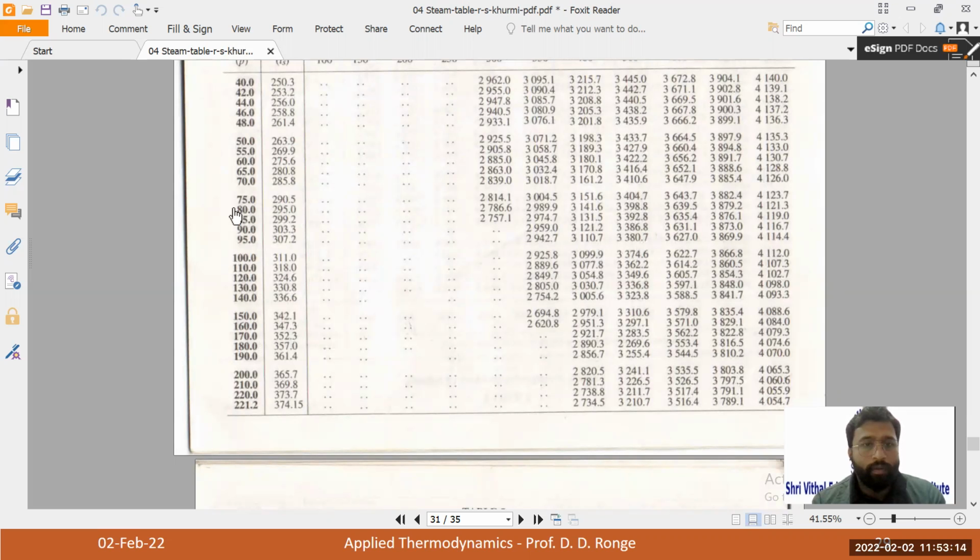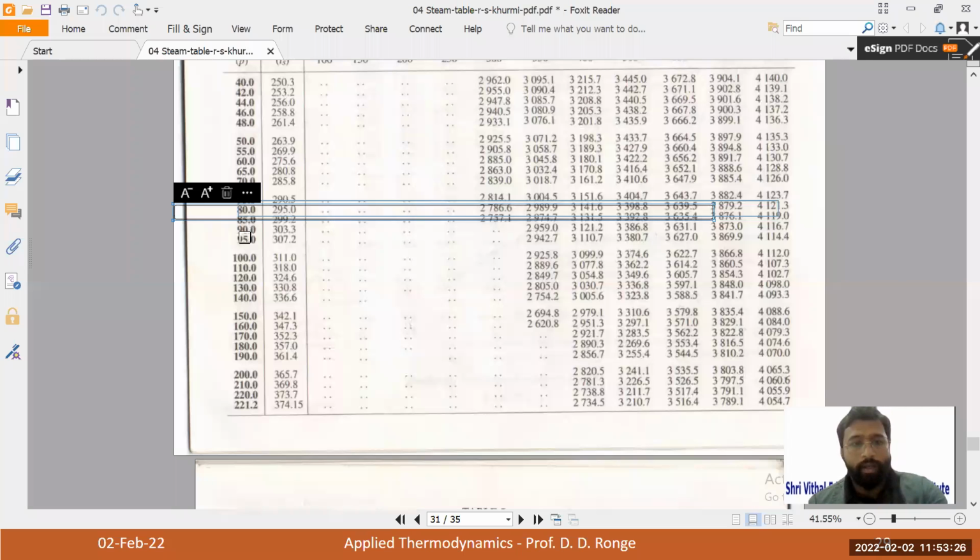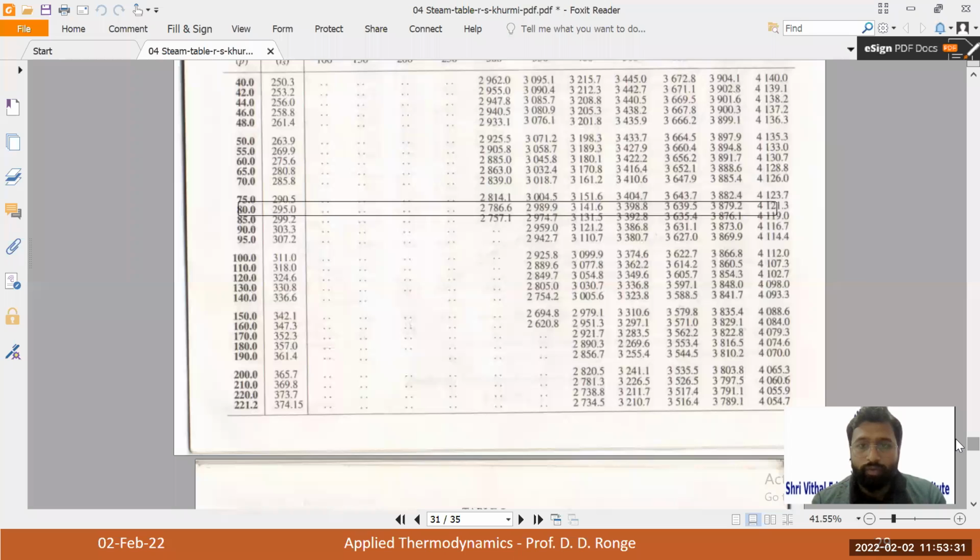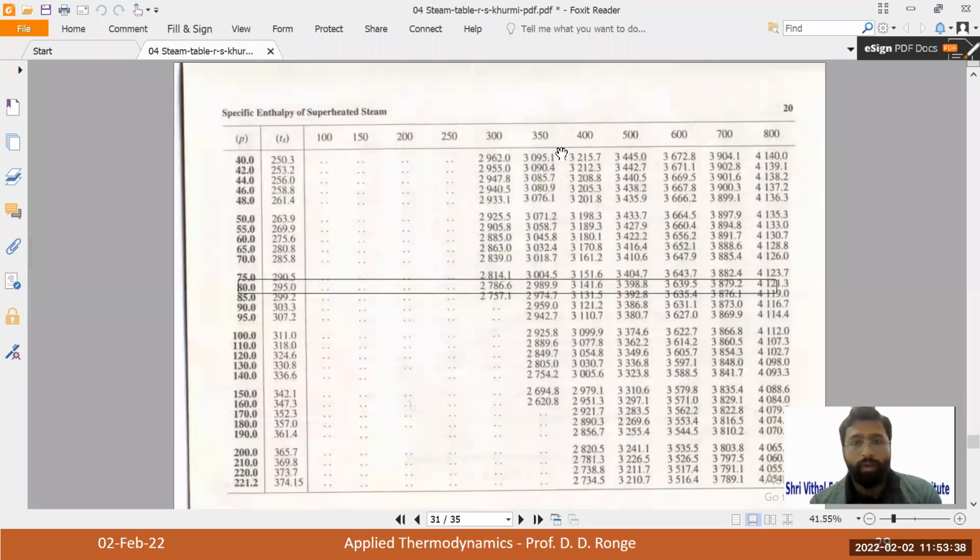Again, you have 80 bar pressure and the temperature is known. We have just calculated the temperature as 361. Again, you can see in the table there is no column for 361 degrees Celsius, so again you have to do the interpolation. By interpolation, you can calculate the specific enthalpy. That will lie between 2989 and 3141.